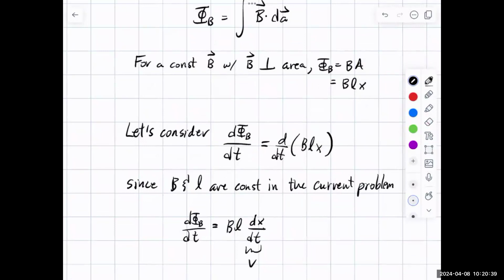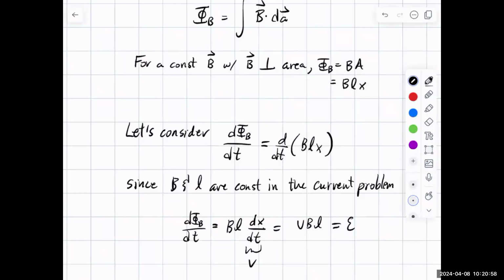And dx/dt is just the speed. And so therefore, this is equal to vBL, which is the same result that we got before. This is equal to the induced EMF.